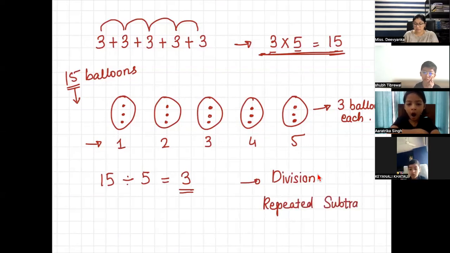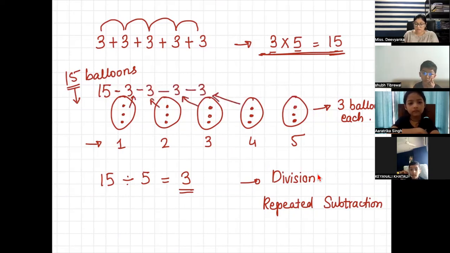Okay, repeated subtraction. Means if I want to represent this, how am I going to start? I'm going to start with 15 minus 3, minus 3, this one, minus 3, this one, minus 3, this one, and minus 3, this one, until I get 0. Why?